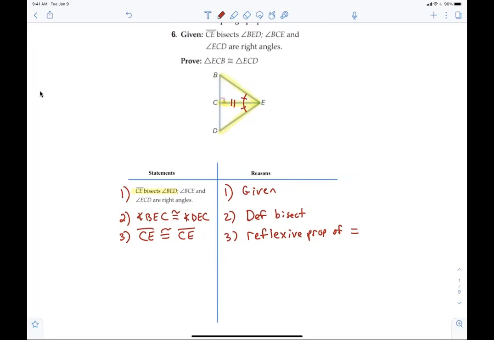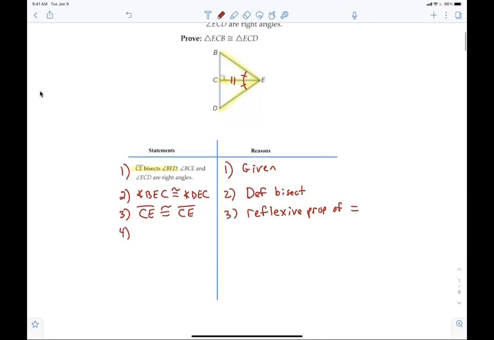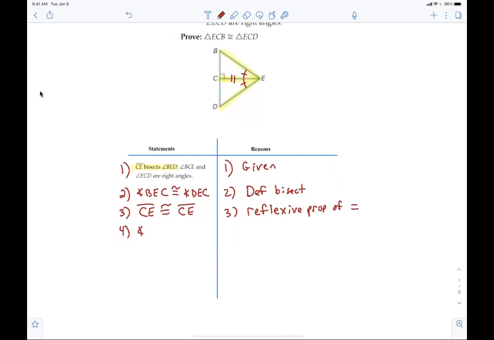Now it says that ECD and BCE are right angles, right? So what's true? Angle ECB is congruent to angle ECD.